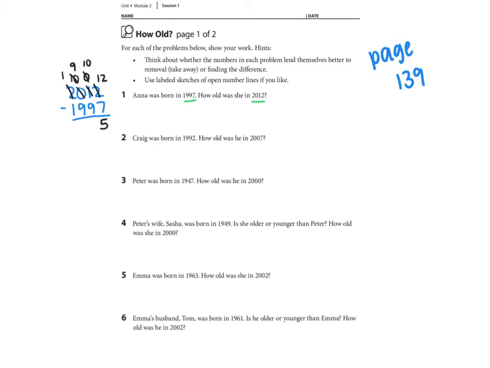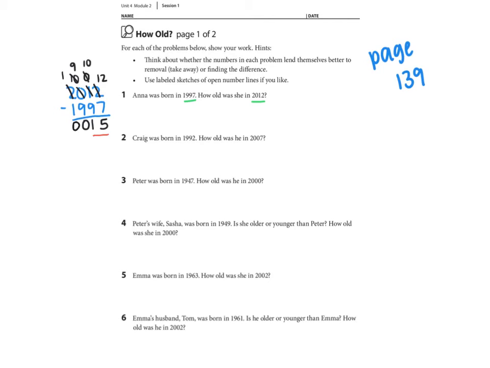So now I can do 10 minus 9 is 1. 9 minus 9 is 0, and 1 minus 1 is also 0, and so my actual answer would be 15.